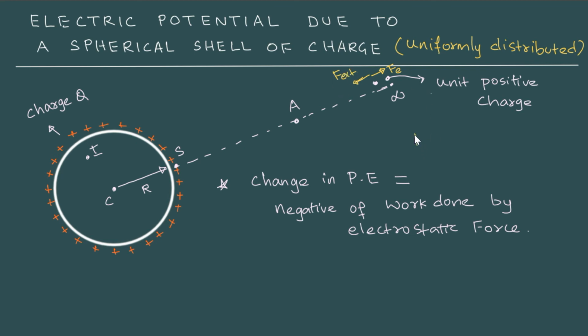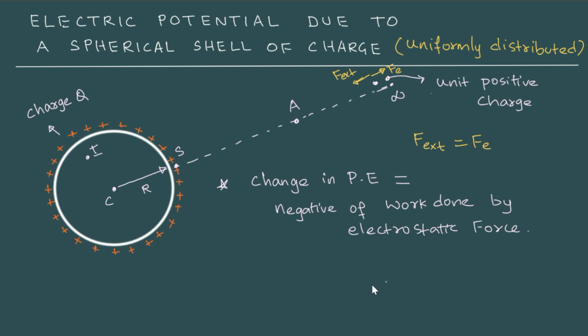So this external force is equal to the electrostatic force. But we can use either of the forces to calculate the work done, so we're going to use the electrostatic force here.